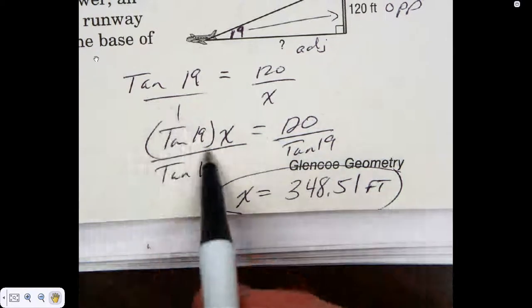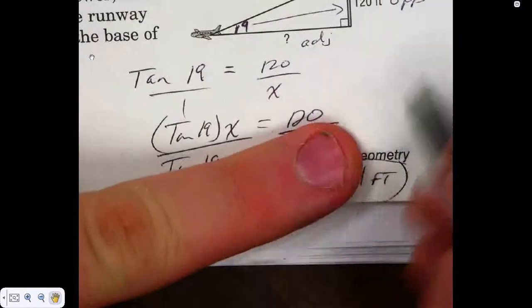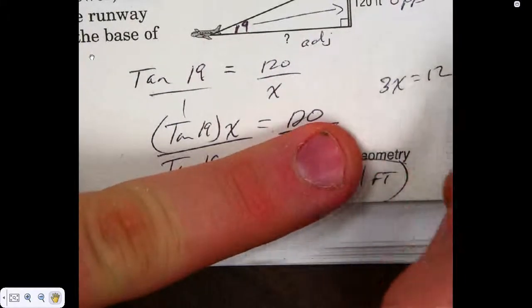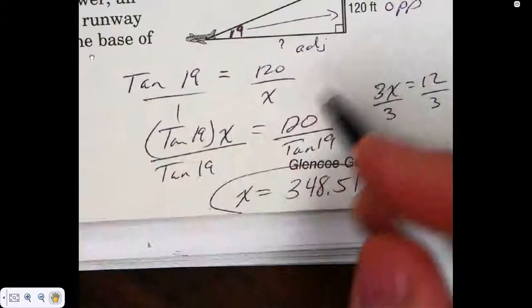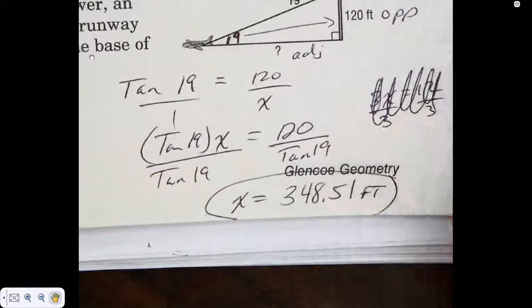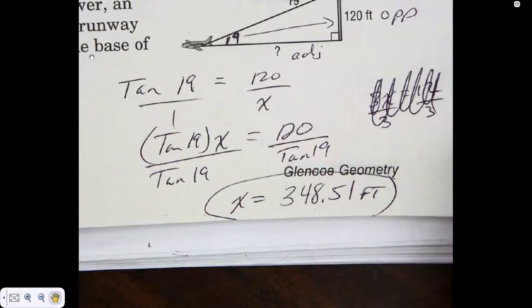You cross multiply and you're left with tangent of 19 times x equals 120. Oh, okay, that makes sense. When you have 3x is equal to 12, you divide both sides by what? 3. You divided both sides by tangent of 19, which remember is just a what? Number. It's just an ugly number. Okay. Your assignment.